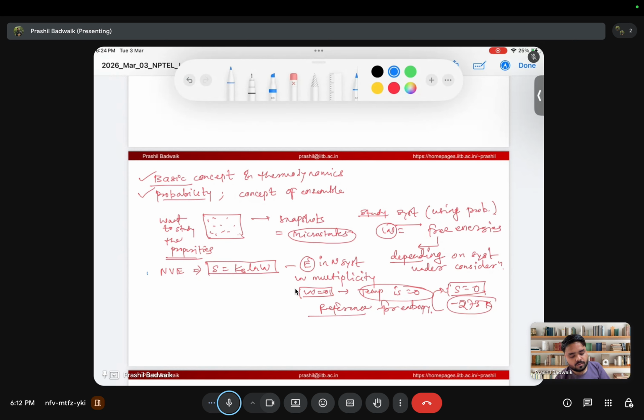Similarly, for other ensembles, can you find out what will be for NVT that we have discussed in the class? We are just noting down what are the major observations in those particular cases, right?